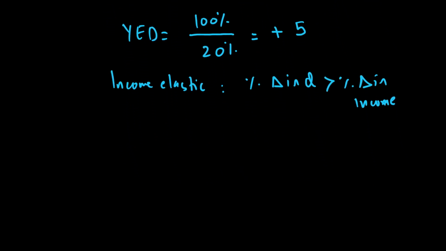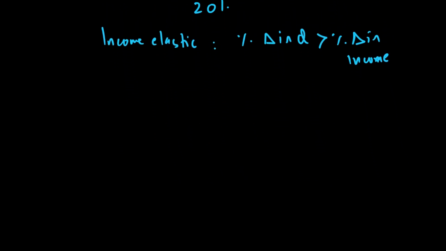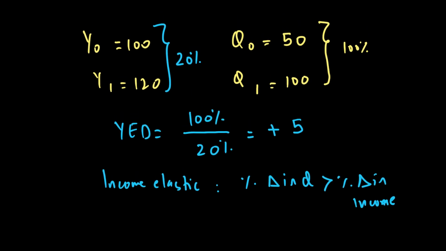Let's talk about another example, of an inferior good, because this positive 5 would mean the good is normal, but what if the good is inferior? How would the numbers look? Let's say our income is going up again by the same percentage. It was 100 before, and let's say it becomes 120, which means the change in income is 20% positive because income is rising.